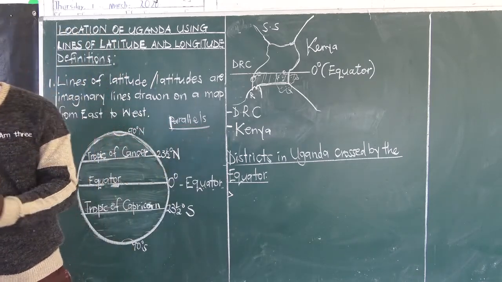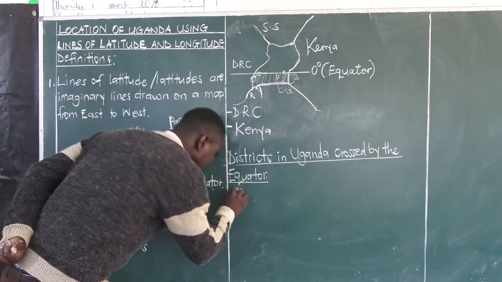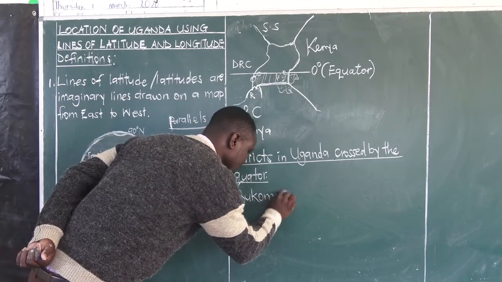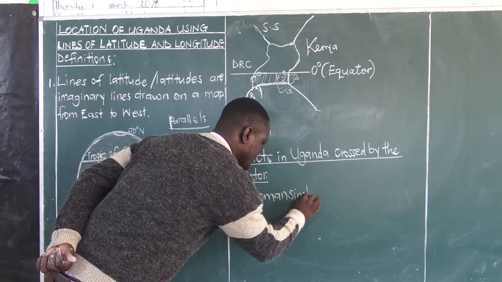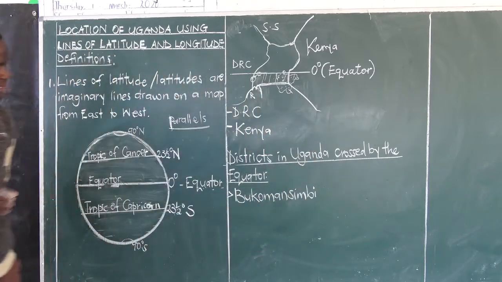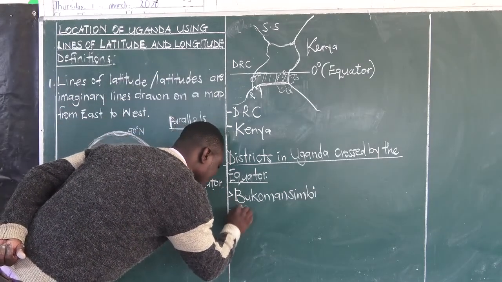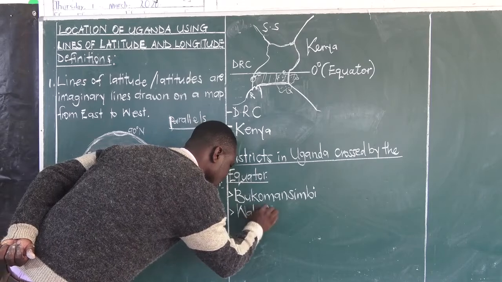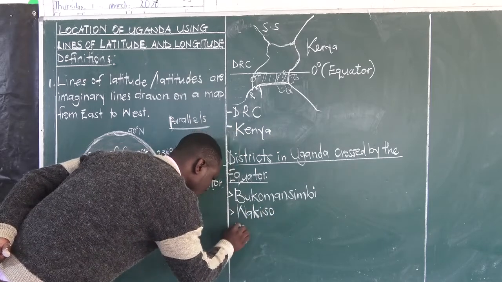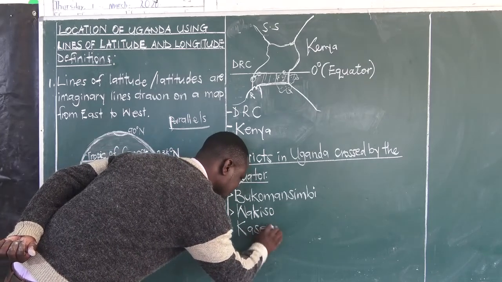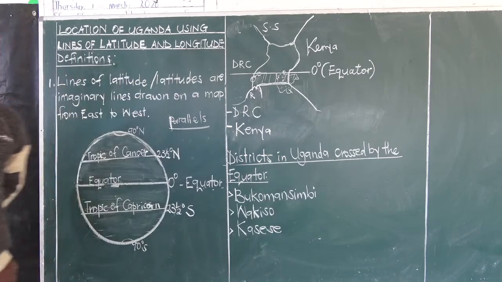In those districts where the equator passes, we shall have districts like Bukomansimbi, and then we have a district that is Wakiso. Wakiso is crossed. Do not forget we have Kasese district, which is also crossed by the equator.